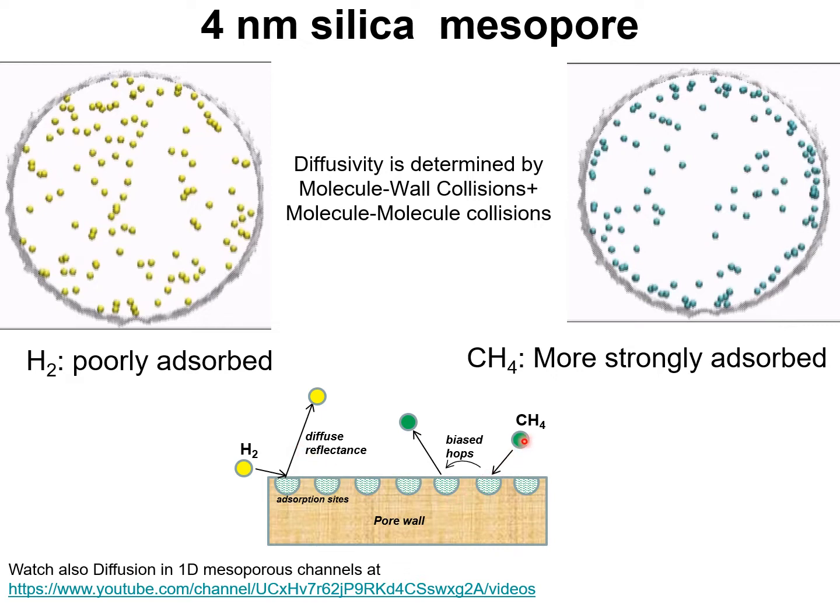Methane molecule on colliding with the wall has a tendency to hop to a neighboring site before returning to the bulk gas phase. So there are fundamental differences between molecules that are poorly adsorbed and molecules that are strongly adsorbed.